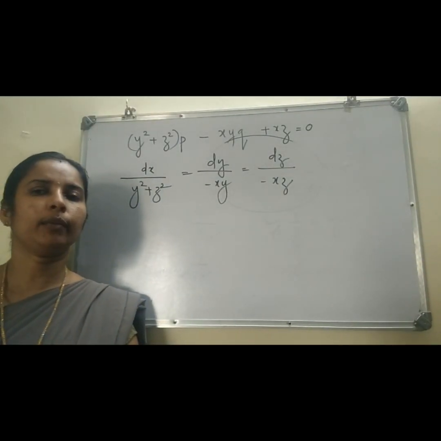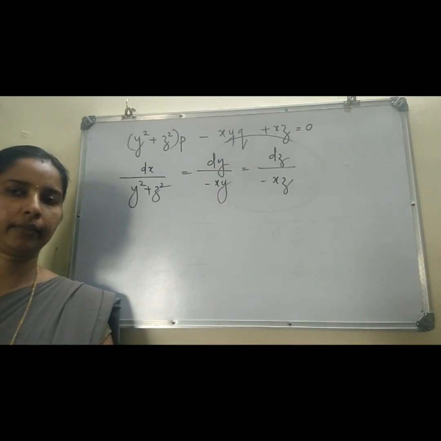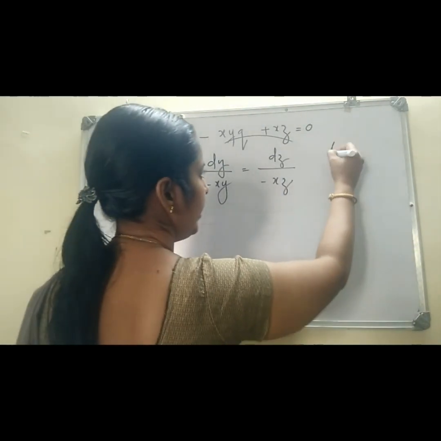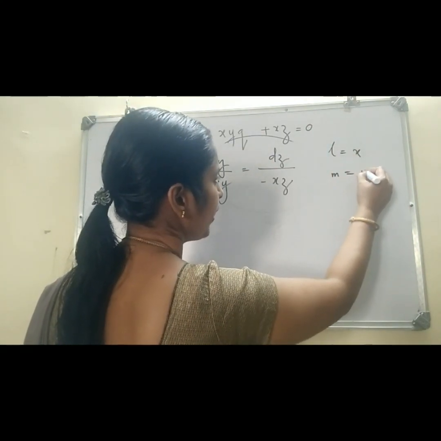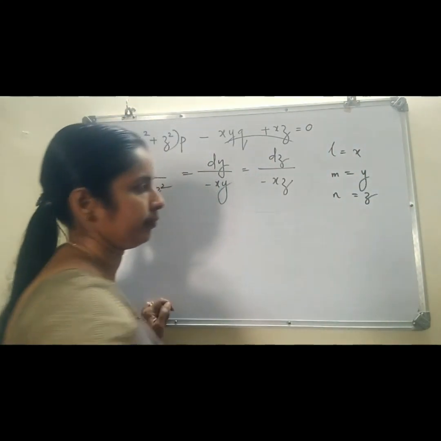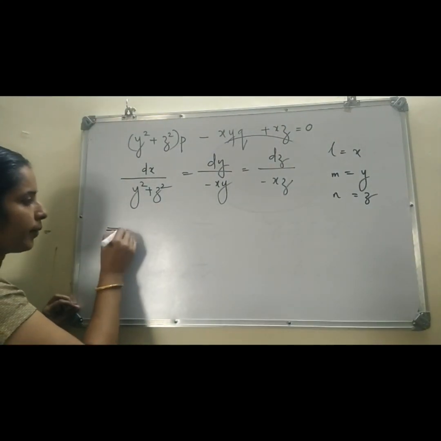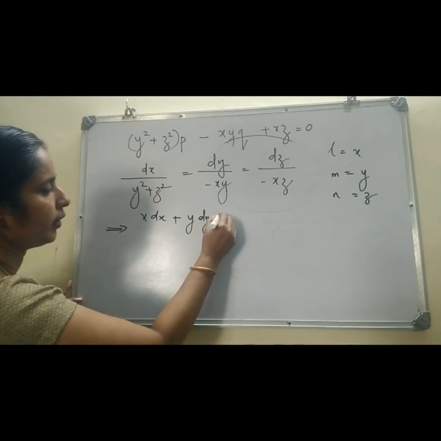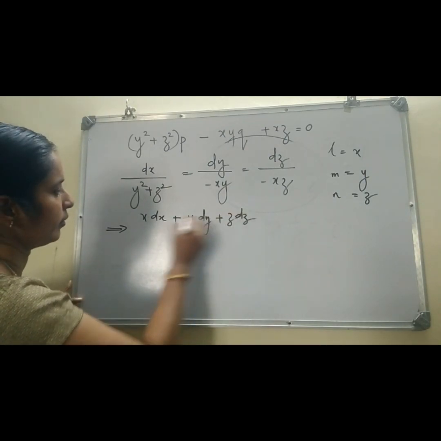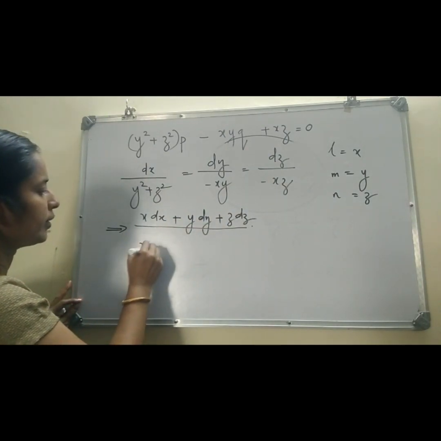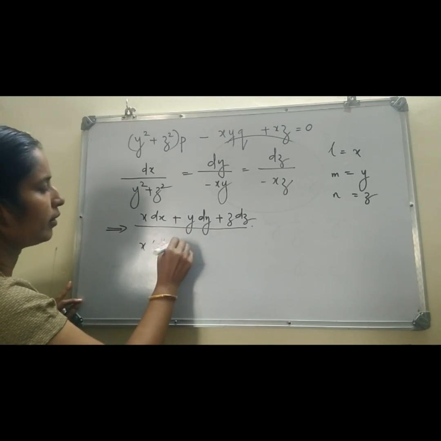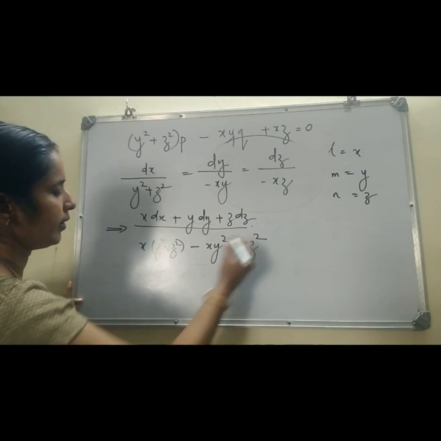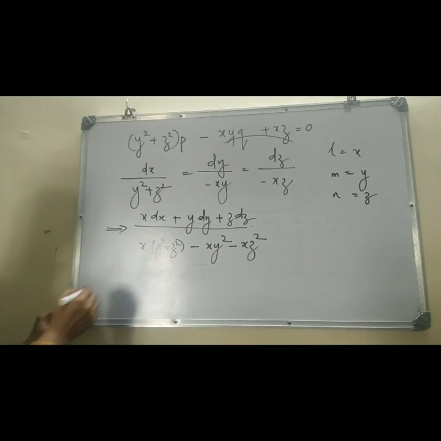I find another independent solution by the multiplier technique. For that, you choose the multipliers as l equal to x, m equal to y, n equal to z. Then this implies x dx plus y dy plus z dz by x into y square plus z square minus xy square minus xz square, right?